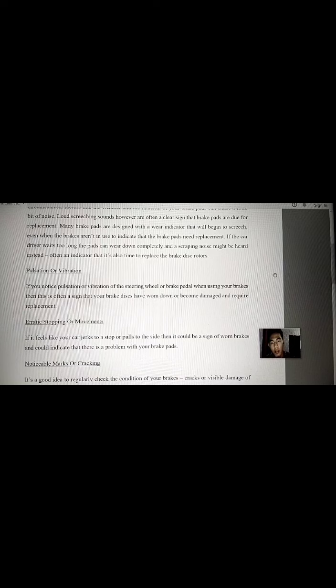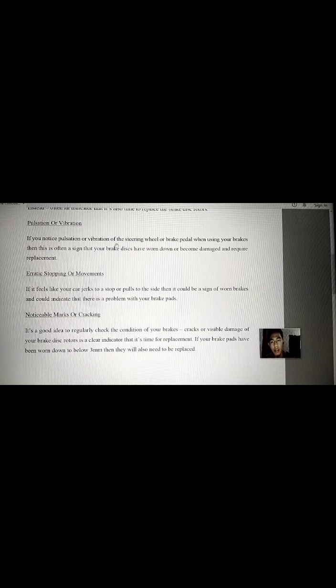Second, pulsation or vibration. If you notice pulsation or vibration of the steering wheel or brake pedal when using your brake, then this is often a sign that your brake discs have worn down or become damaged and require replacement.